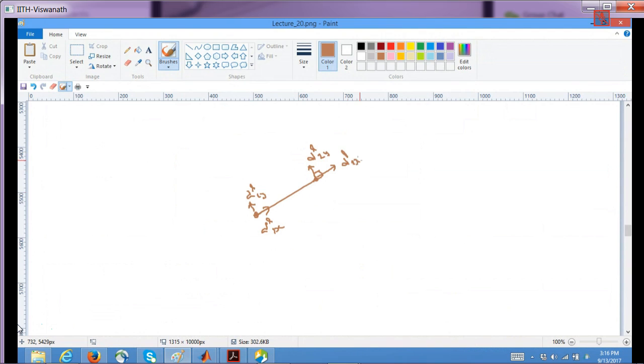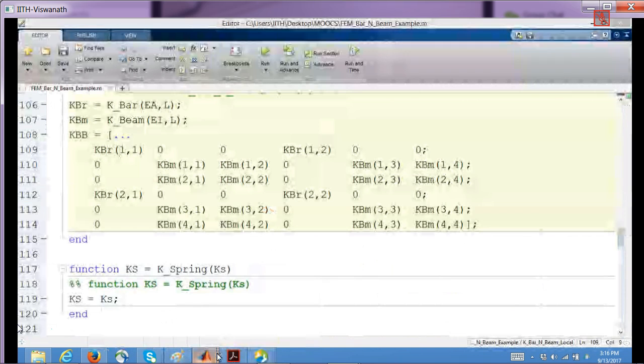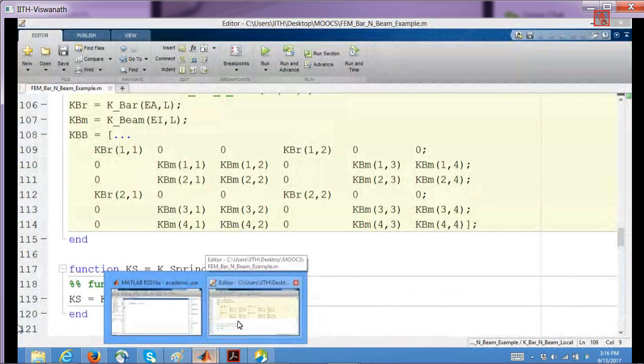The rotations would be the same irrespective of where you are measuring from, because it's an xy plane. So this is theta 1, this is theta 2. That is what I'm doing in terms of a local coordinate system, so I'm assembling in the local coordinate system.